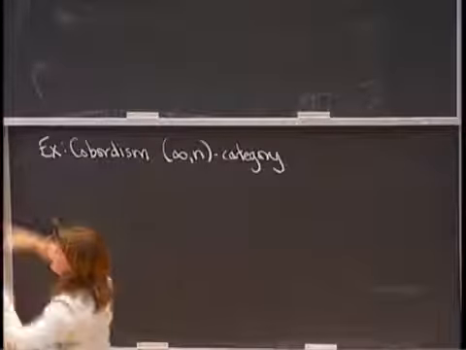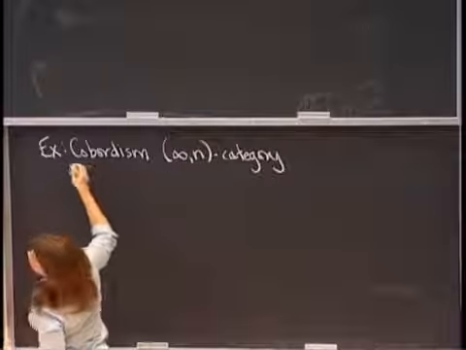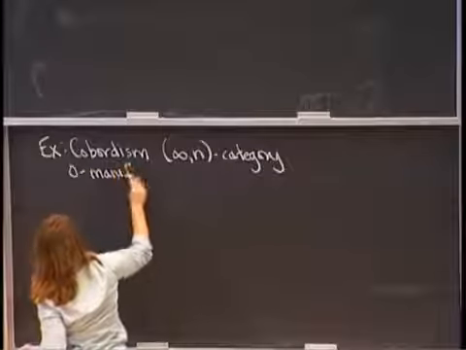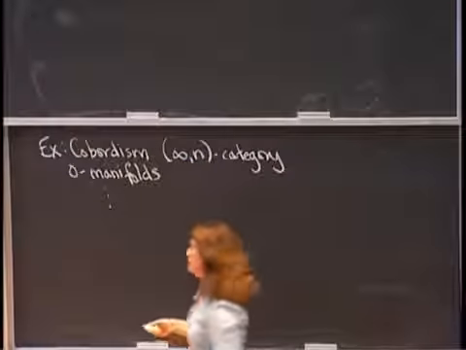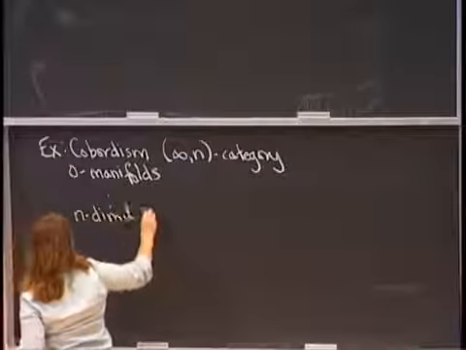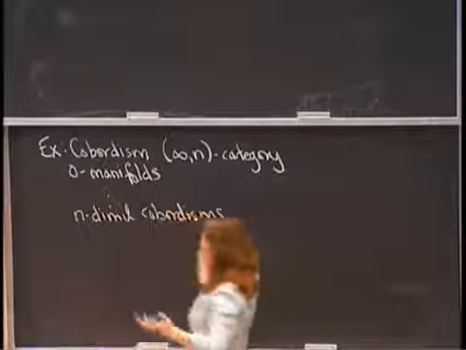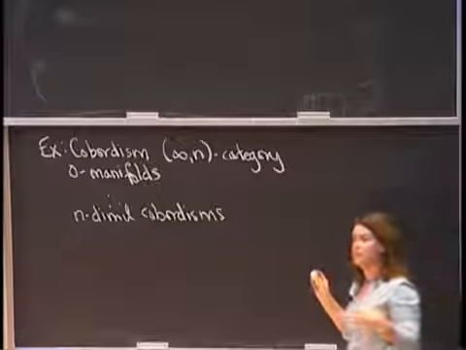So we have our zero manifolds as our objects. And so somehow, this is an infinity n, then we keep going up to n-dimensional cobordisms. So cobordisms, we have no reason to assume that they're invertible.